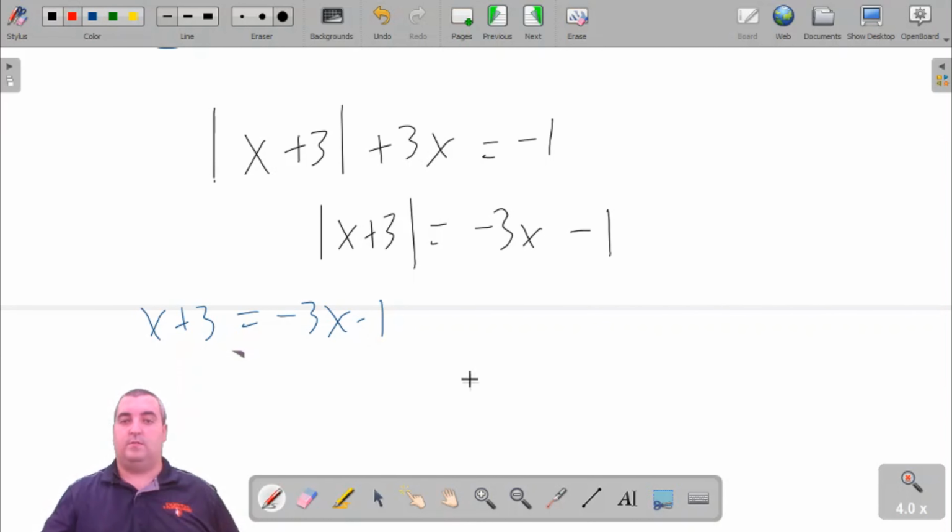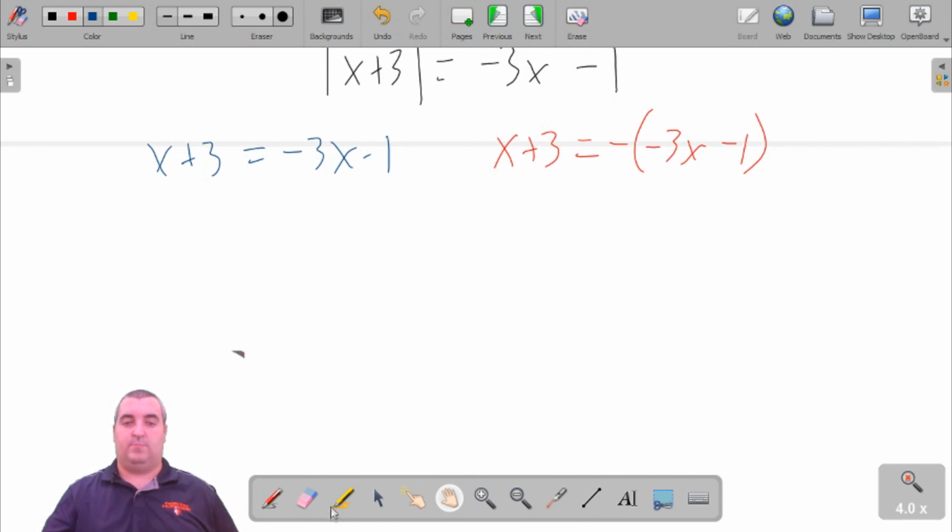And then we do x plus 3 equals, and then it's the opposite of this whole side. Okay, now because it's not just one term, you will have to distribute out the negative. Okay, and we'll do that once we get to that step.